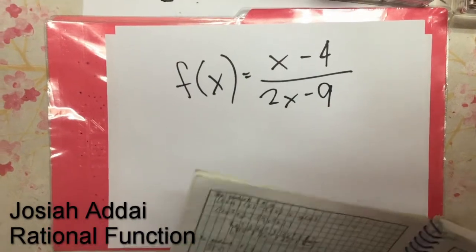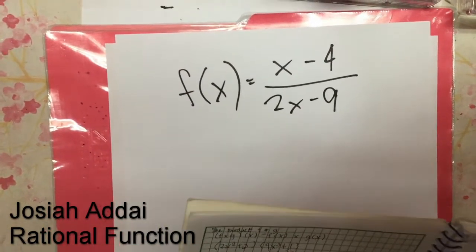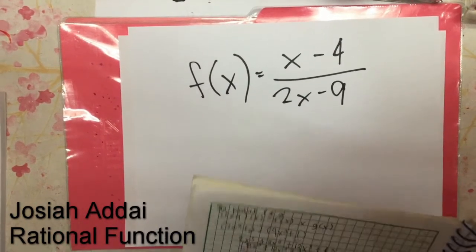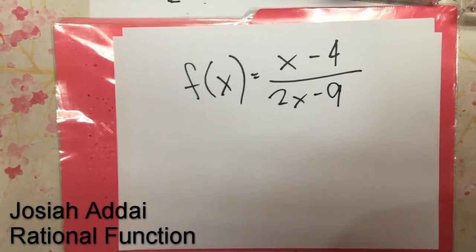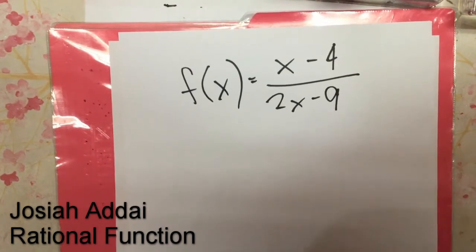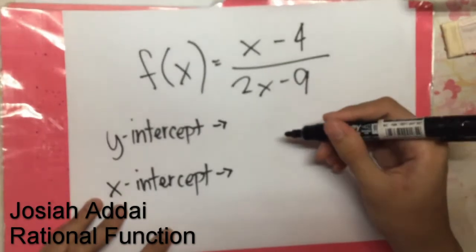First, we have to find the vertical asymptote. The second one is to find the horizontal asymptote. The third one is to find the y-intercept. Fourth, find the x-intercept. Fifth, make a t-chart. And sixth, graph the asymptotes.